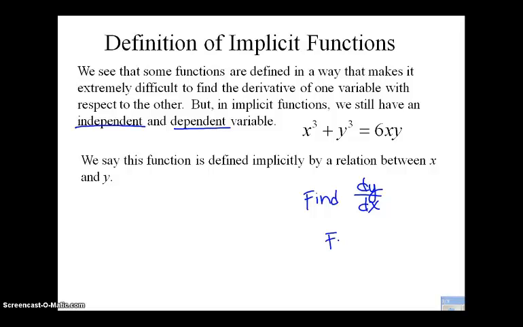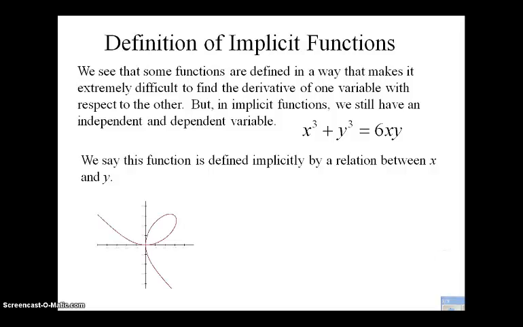What if you told me to find dx dy? You just told me which was the independent and which was the dependent variable. With respect to is the independent, and in the numerator is the dependent. And so if you can tell me which of those there are, then I'll know how to go about implicitly differentiating this function.